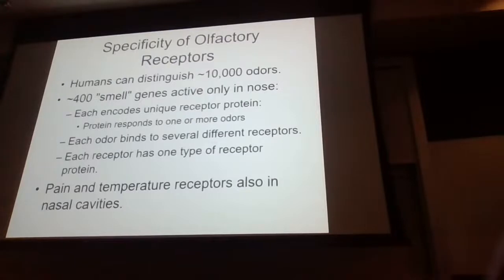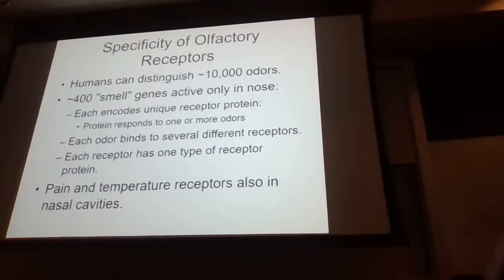Now, what I think is incredible is that we have on the order of 400 different genes that are associated with the sense of smell. These 400 genes are responsible for making 400 different proteins. The type of protein that gets made determines the type of smell that you can detect.